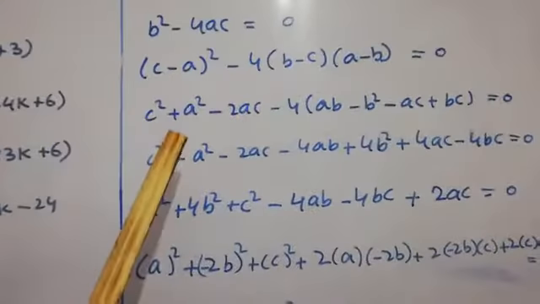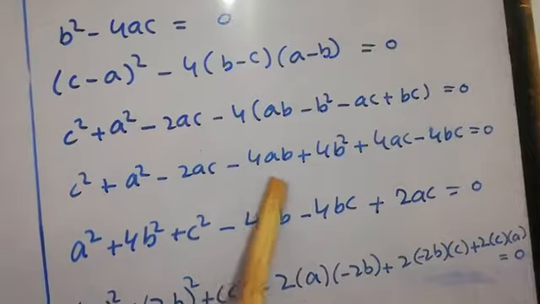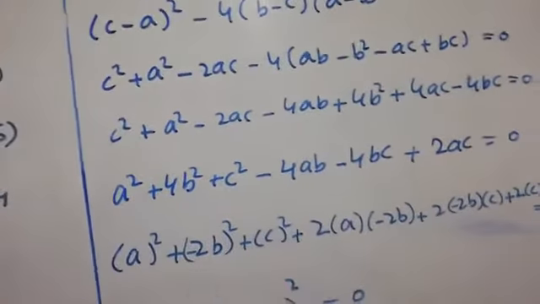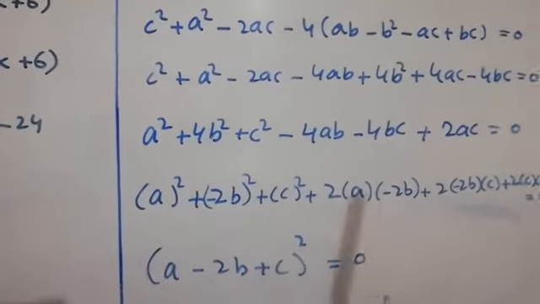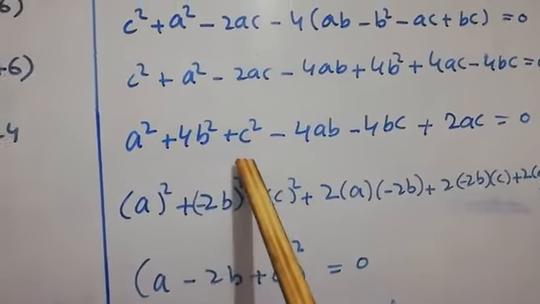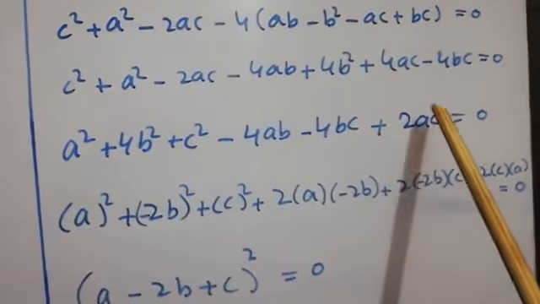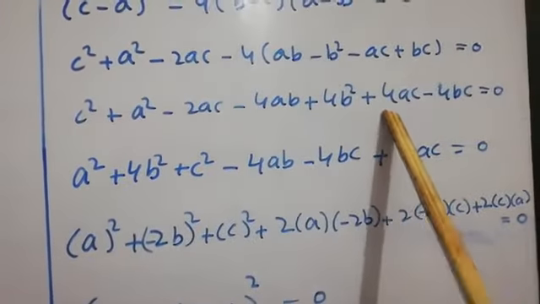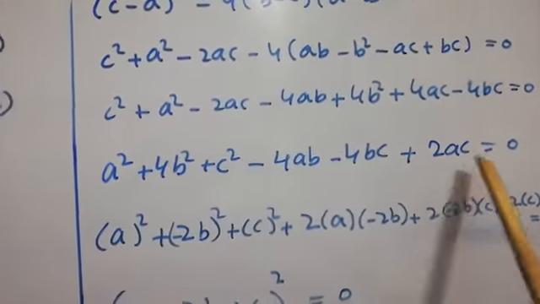So we will multiply all the values of the bracket with 4 and get the answer here. Now we can see, my dear students, that we will arrange these values like a² + 4b² + c² − 4ab − 4bc + 2ac. How can we say 2ac? Because 4ac minus 2ac gives 2ac.